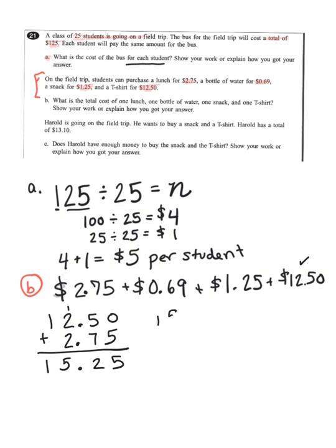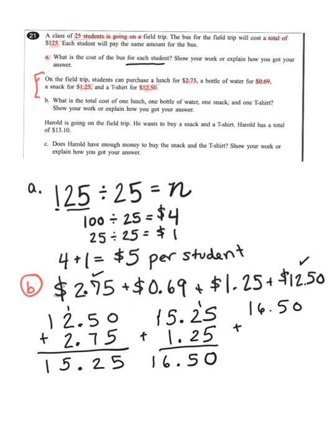Okay, take that partial sum or partial answer, cross it off as I add it. Let's do plus 1.25. Okay. And then last but not least, I'm going to add my 69 cents.